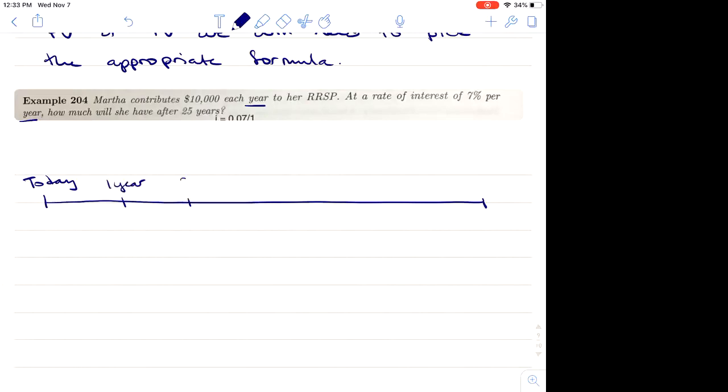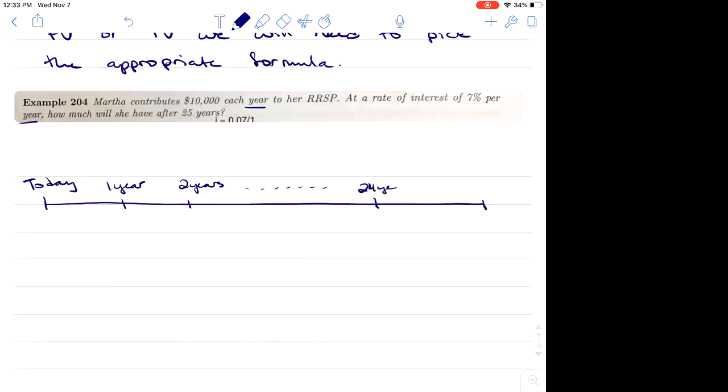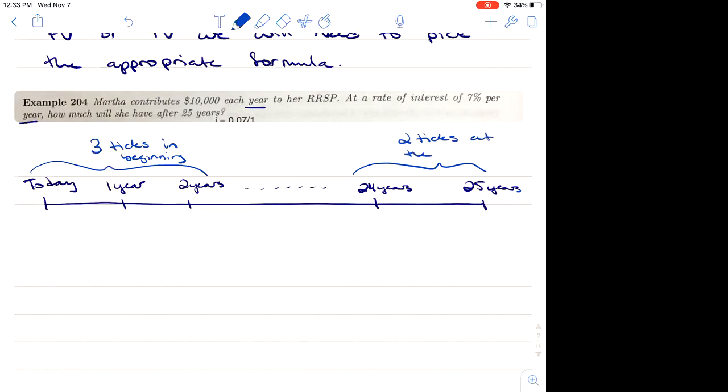So then 1 year goes by, 2 years go by, and then time passes, and then I'm at 24 years, and then finally 25 years. Right, so as a little note here, I want to see 3 ticks in the beginning and at least 2 ticks at the end.